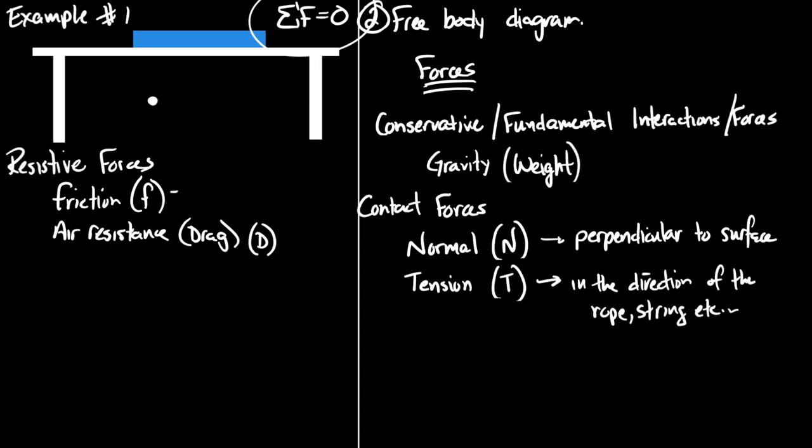We will find that there's 2 kinds of friction. There's one that holds something in place and one that acts to try and prevent something while it's moving. So we have a stationary version and a moving version.